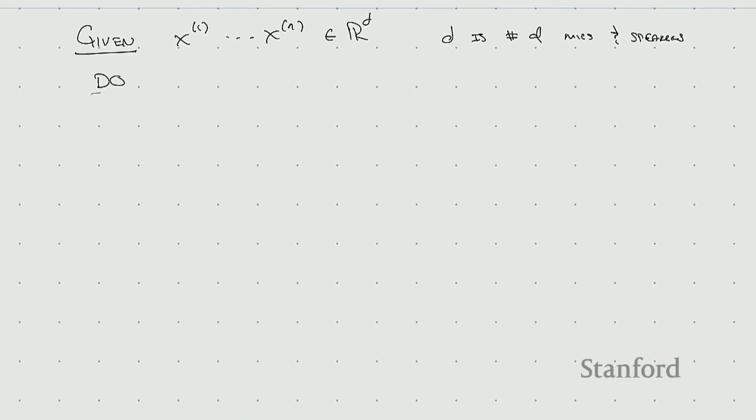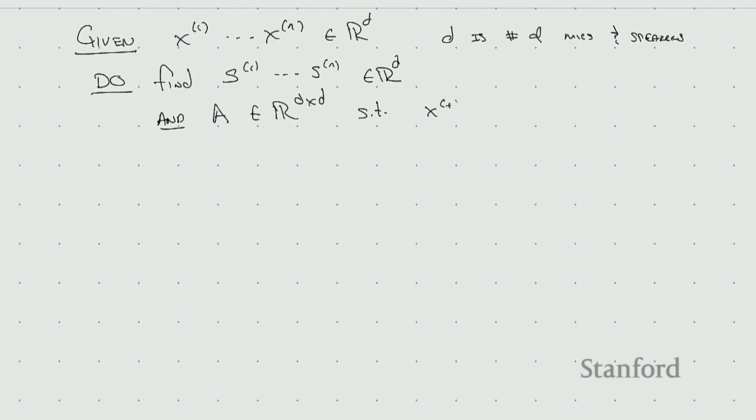What we have to do is find s1 to sn that are also in R^D. Okay? I'm preferring to have the notation over time. We also are going to find, although we really don't need it for the model, this A that is D by D, okay? Such that x of t equals A s of t.